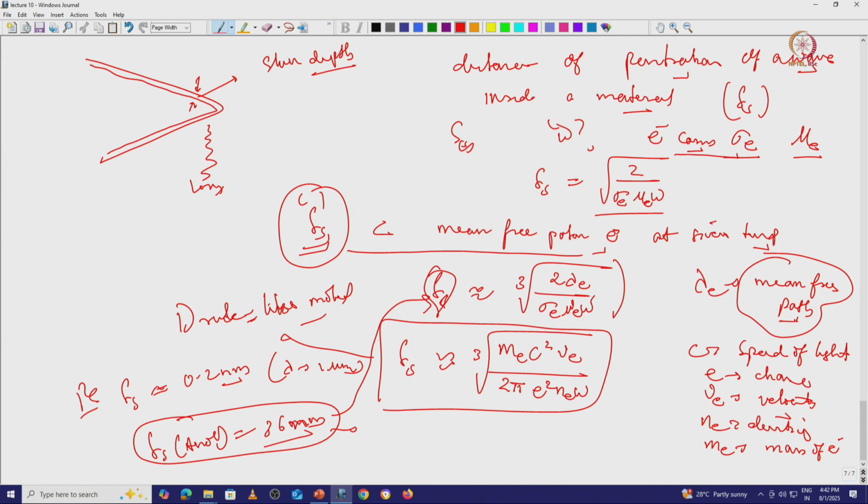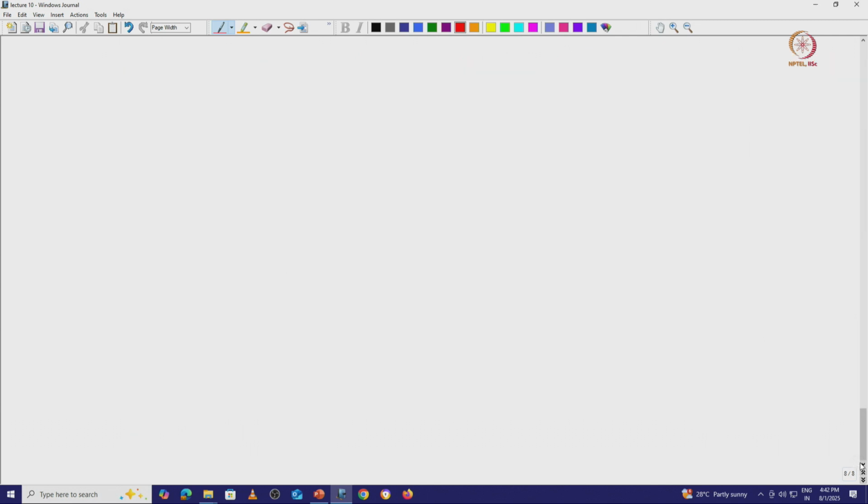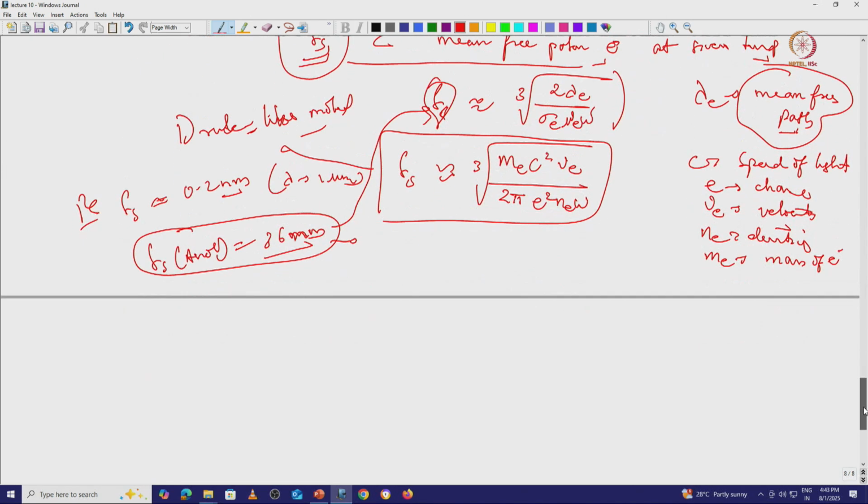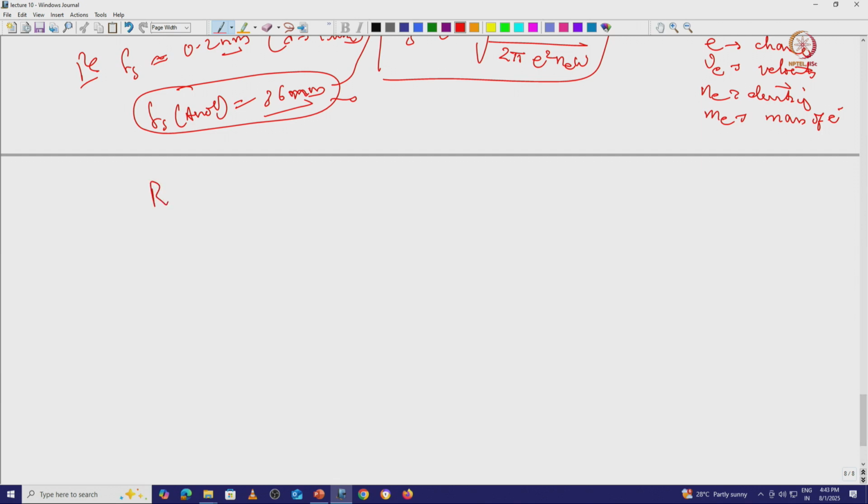Okay, so now we will come to the temperature distribution along the tip axis. Robbins et al., I will give the reference in the PPT. So what he has proposed is that the whole tip apex is homogeneously illuminated.